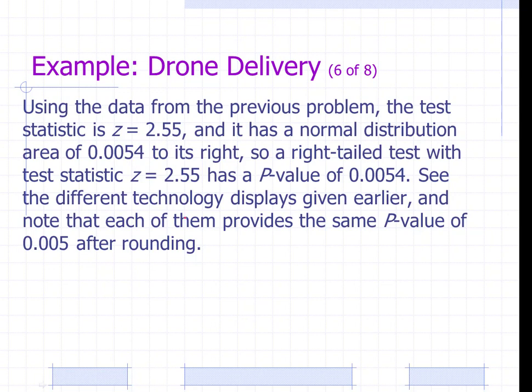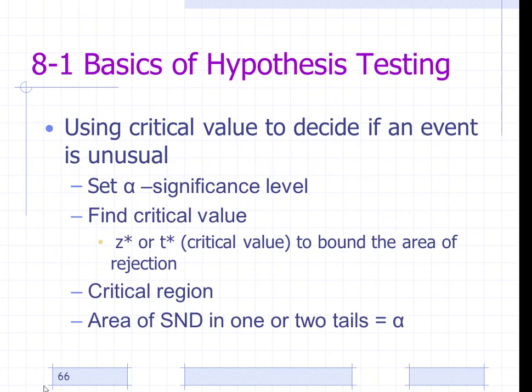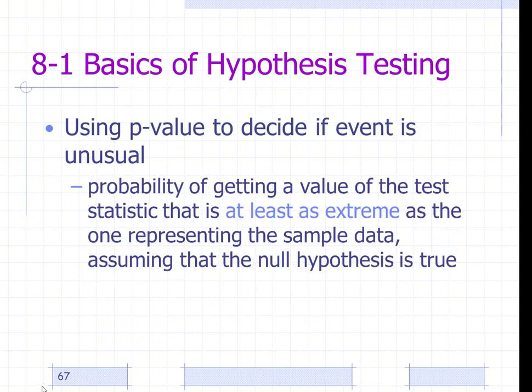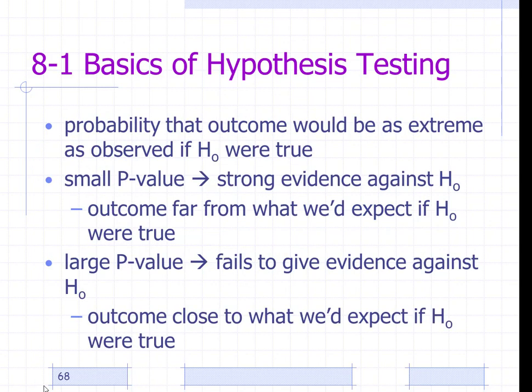And so we looked at technology, and we are looking at the p-value, and it tells us it is 0.005, and let's show you where we find that. We're going to set our alpha, and we can find the critical value, which I'm going to say don't worry about that. We want to take it to the p-value. So this is what we want to do because we want to use our technology.